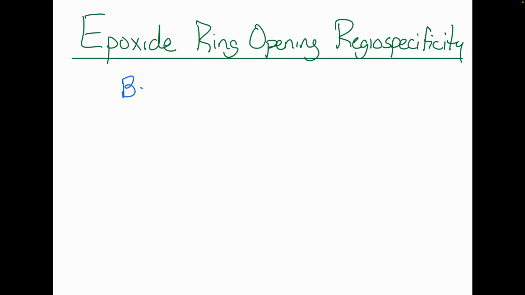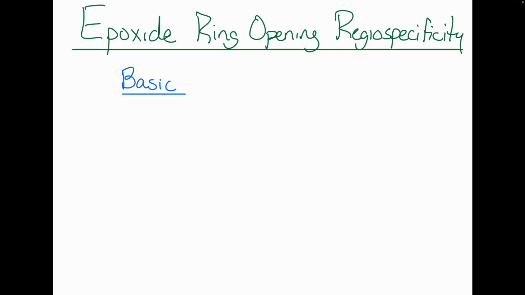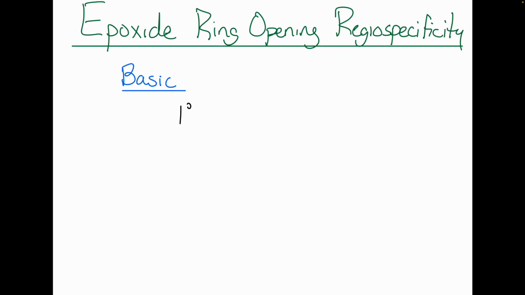And under those basic conditions, our nucleophile will attack that more accessible carbon. So primary carbons, I guess actually methyl carbons, can't be methyl. Gotta be primary carbons are more accessible than secondary carbons, are more accessible than tertiary carbons.